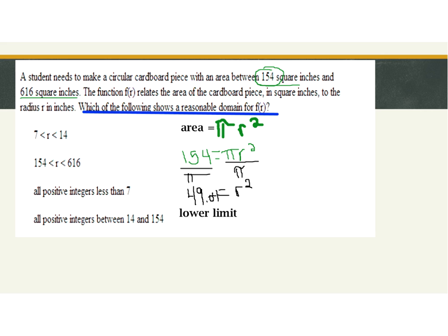Now, does r squared tell us our r? Or what do we have to do? If 49 equals your r squared, what do we have to do to find r? Anyone?